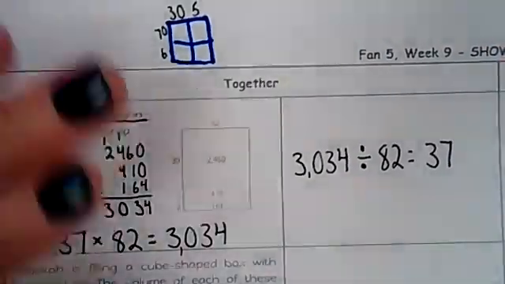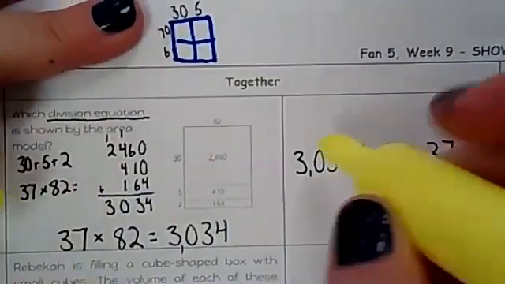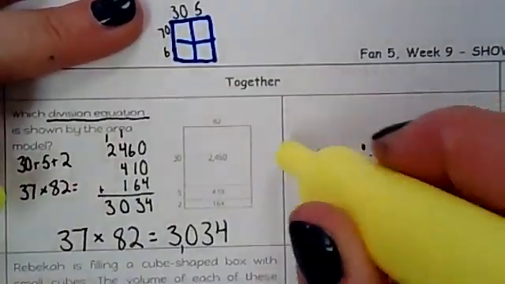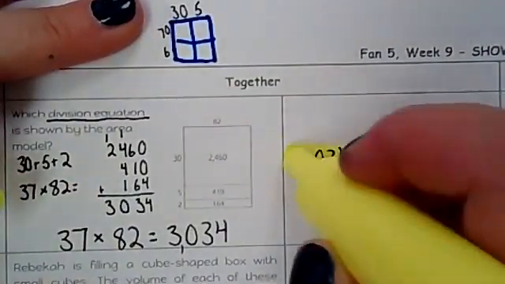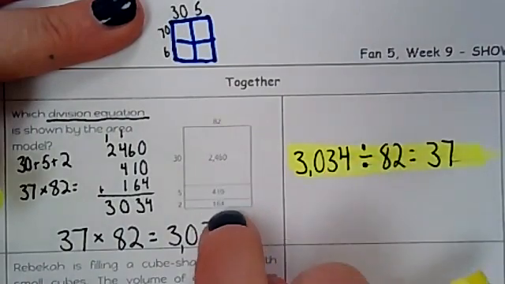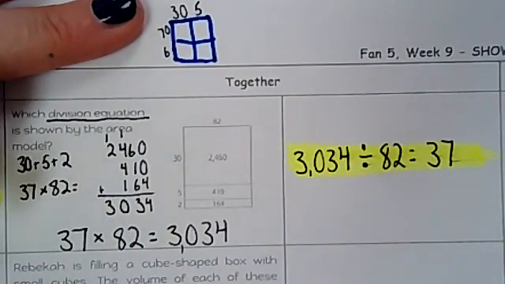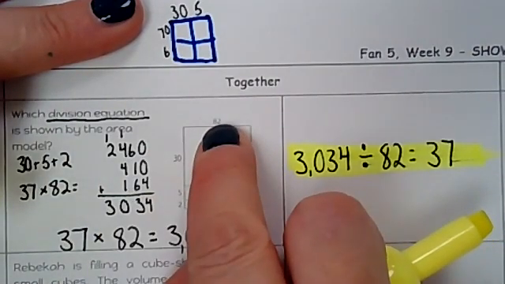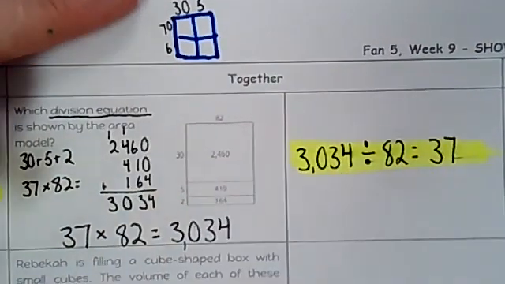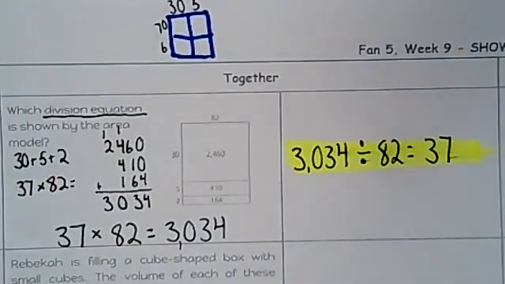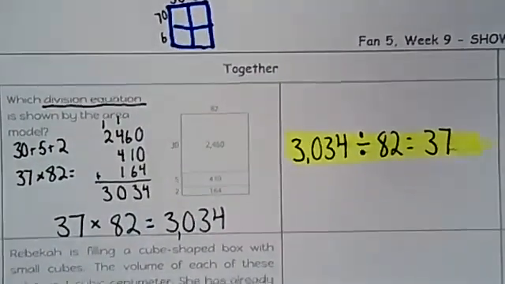Okay, and that is your division equation for that model. You can't possibly figure out the division equation until you add together these products here in the middle. You can't do it. So first, take the numbers in the middle, add them up, then divide by one of the sides, and then you can add up the other side to get your other factor. Okay, all right, next one.